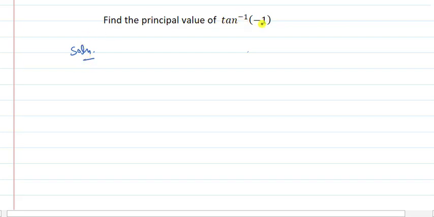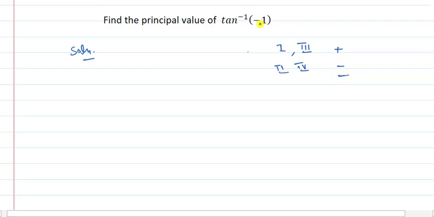Find the principal value of tan inverse minus 1. You know that value of tan function is 1 at the multiples of pi by 4. If it is in first and third quadrant, the value is positive, and in second and fourth quadrant we are getting negative value, and for getting value 1 or minus 1 we need to take the multiples of pi by 4.